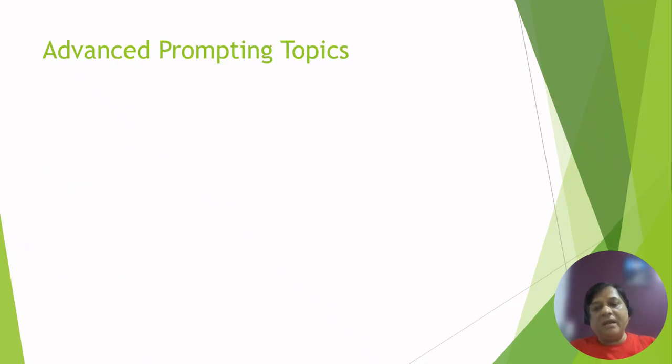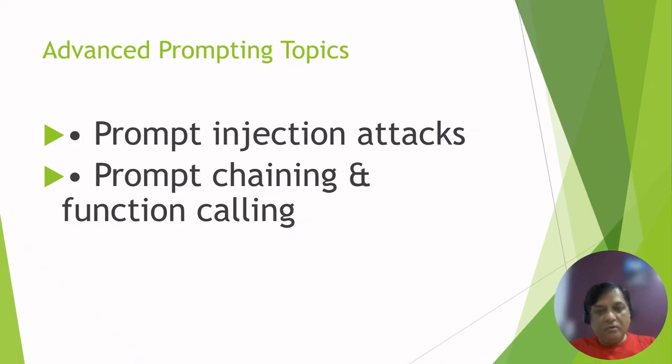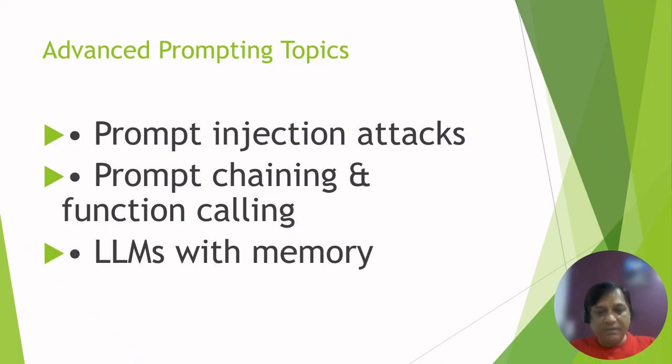Then advanced prompting: prompt injection attacks, prompt chaining and function calling, LLMs with memory. Injection attacks can be there, the hallucination. Injection attacks can be like finding out the password of someone.